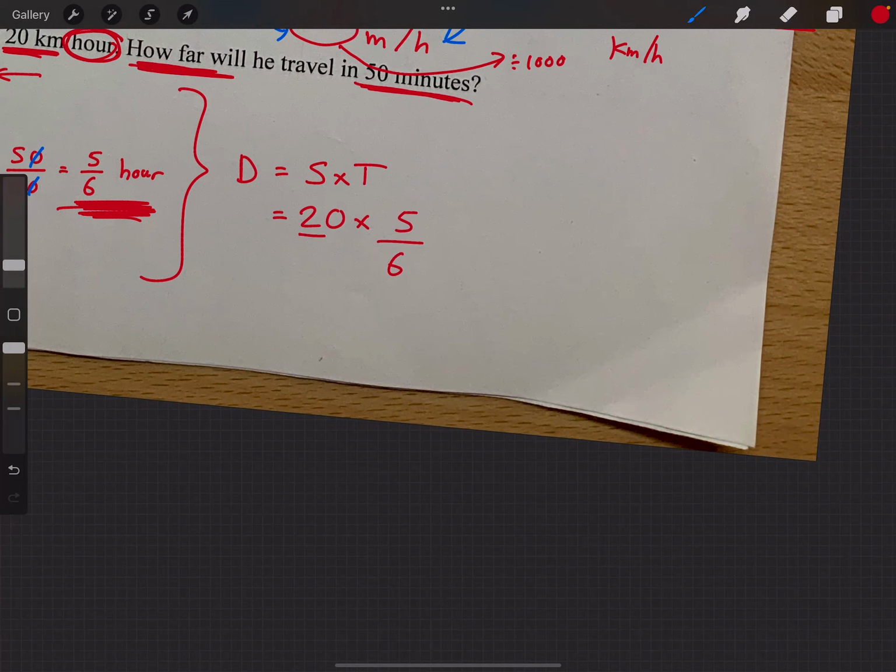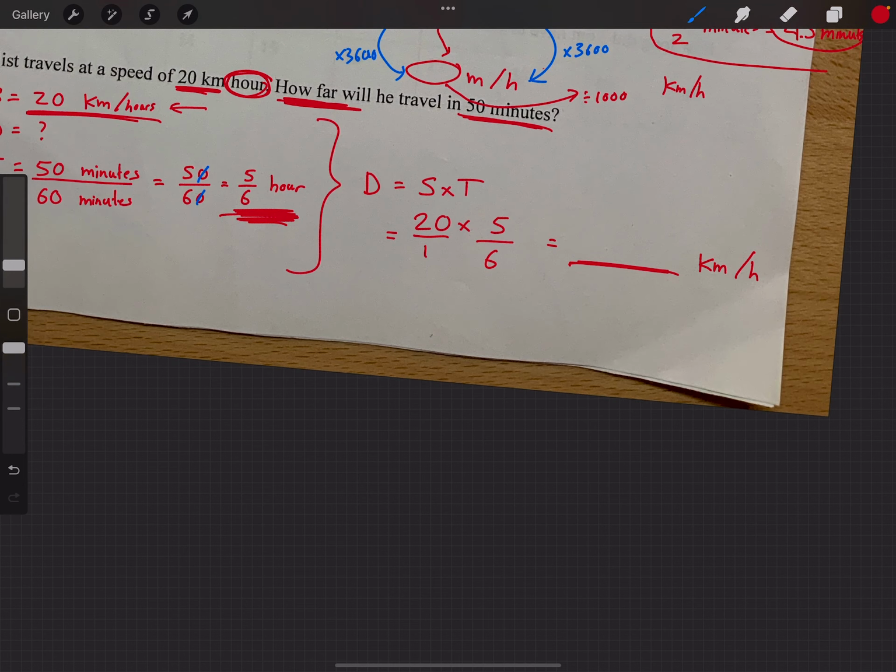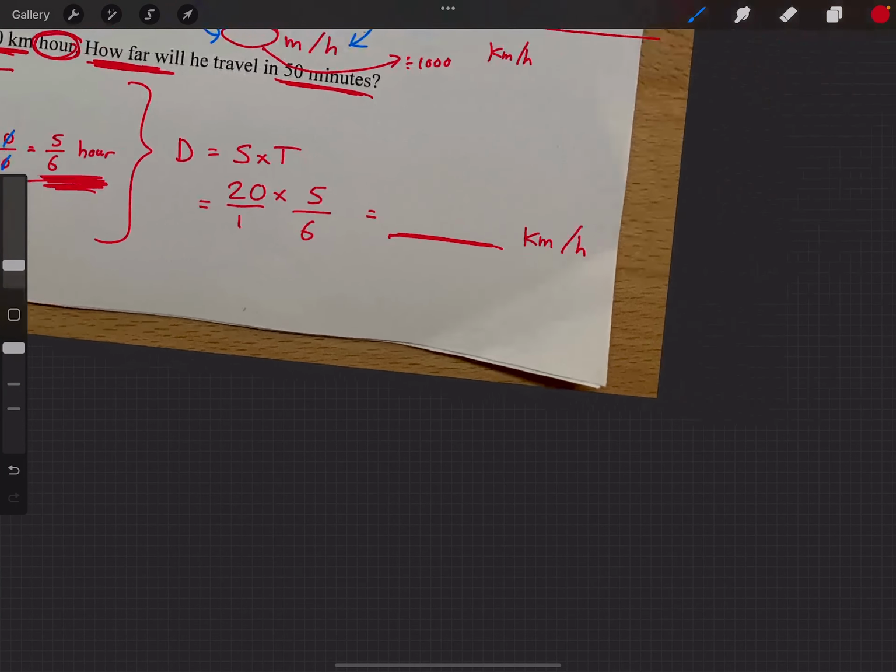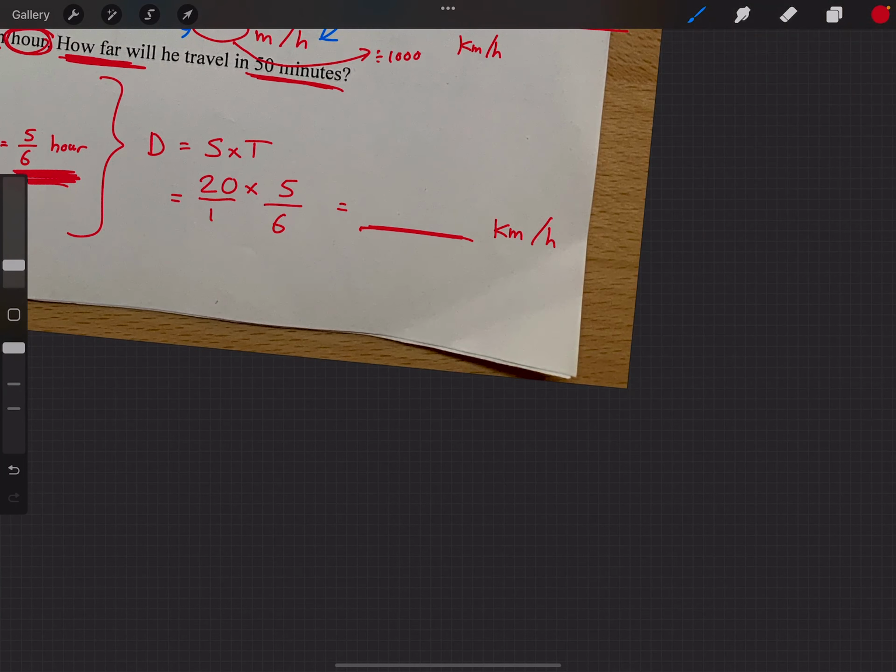Now this is 20 over 1, that's a whole number, so it's 20 over 1. So you work it out, you get whatever number you get, and this will be your kilometers per hour. Oh, sorry, no, it's not a speed. How far? Whoops, this will be in kilometers. Okay, there you go. You can do that one.